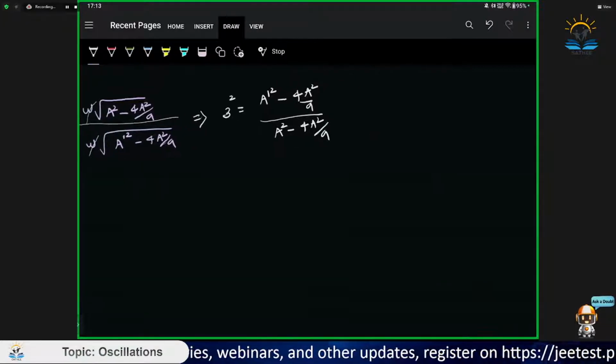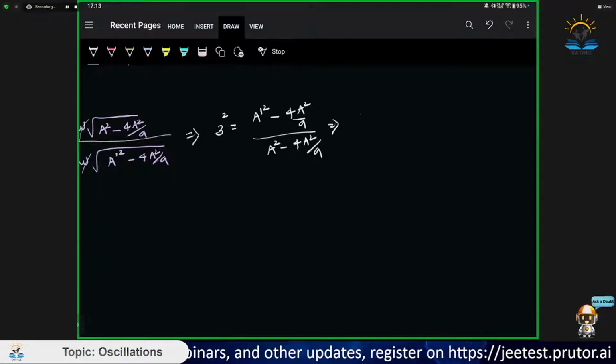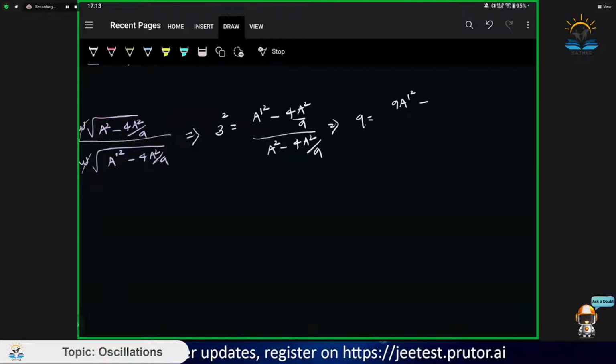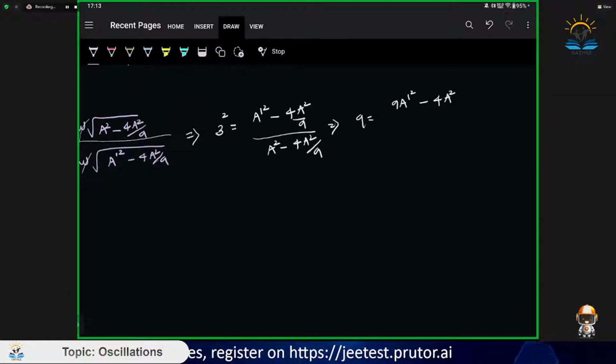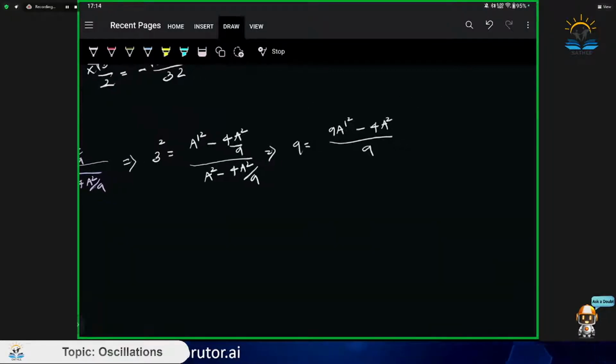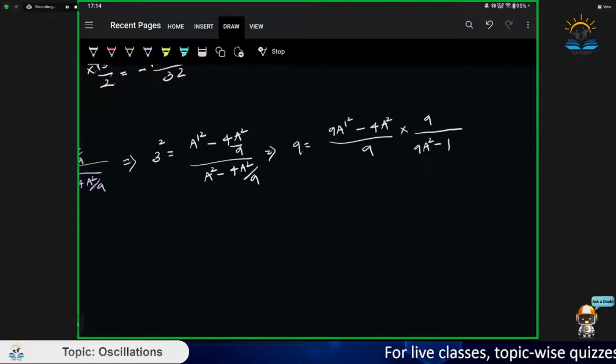Just solve this. You will get the equation: 9 into, 9a dash square minus 4a square divided by 9, divided by 9a square minus 4a square by 9. So 9 we can cut.